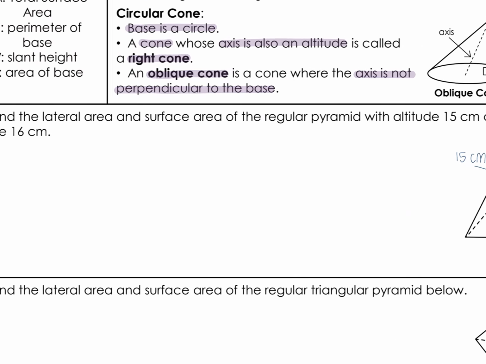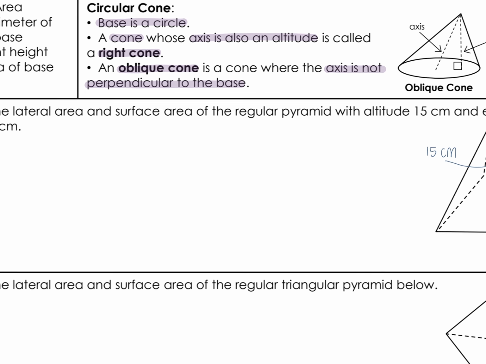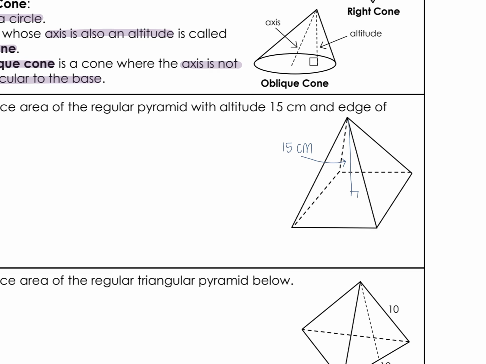They also tell me that the edge of the base is going to be 16 centimeters. Okay, so the edge of my base is just going to be one of these sides here that is going to create my base.